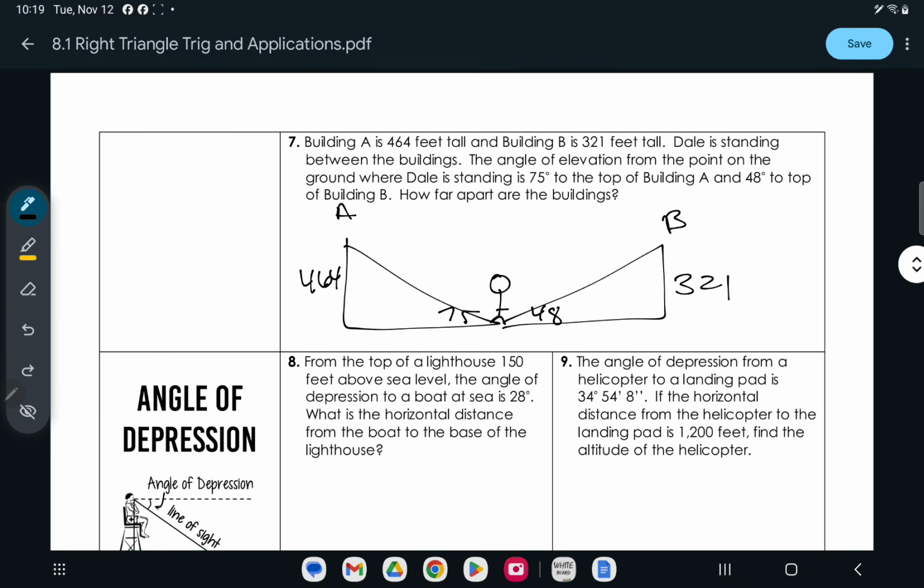So it looks like I need to find this distance and add them together. So let's see, opposite and adjacent, so tangent. Tangent 75 is 464 over x. So x is 464 over tangent 75, which gives 124.3.